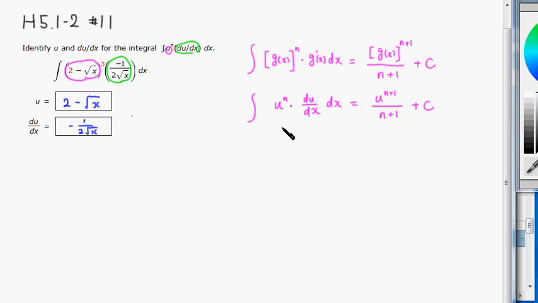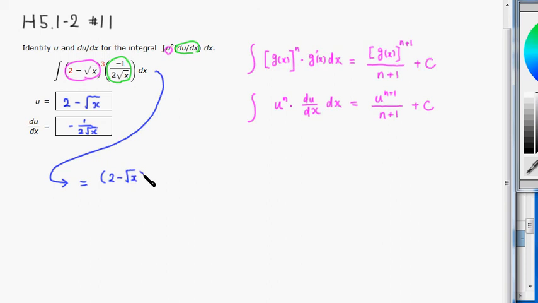But since we're already talking about the general power rule, why don't we apply it to find the antiderivative? So I'm going to go down here. This is going to be equal to u to the n plus 1. n in this case is 3. u is going to be 2 minus square root of x.